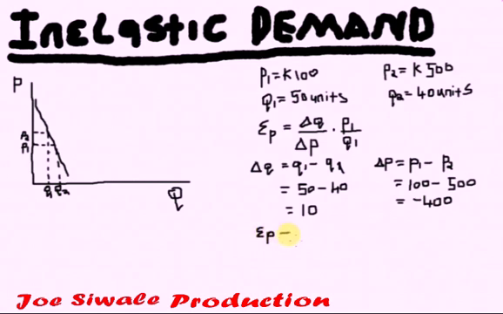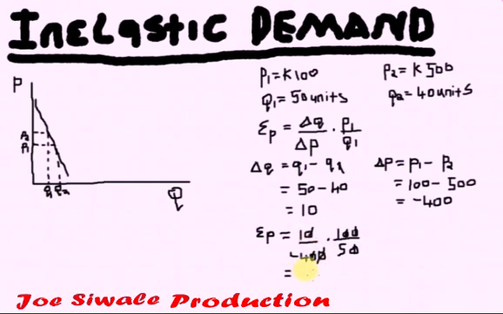So I'll say EP is equal to my change in Q, that's 10, over my change in P, that's negative 400. Then I'll say my P1, that's 100, divided by my Q1, that's 50, sorry. Then I can cancel out some zeros.